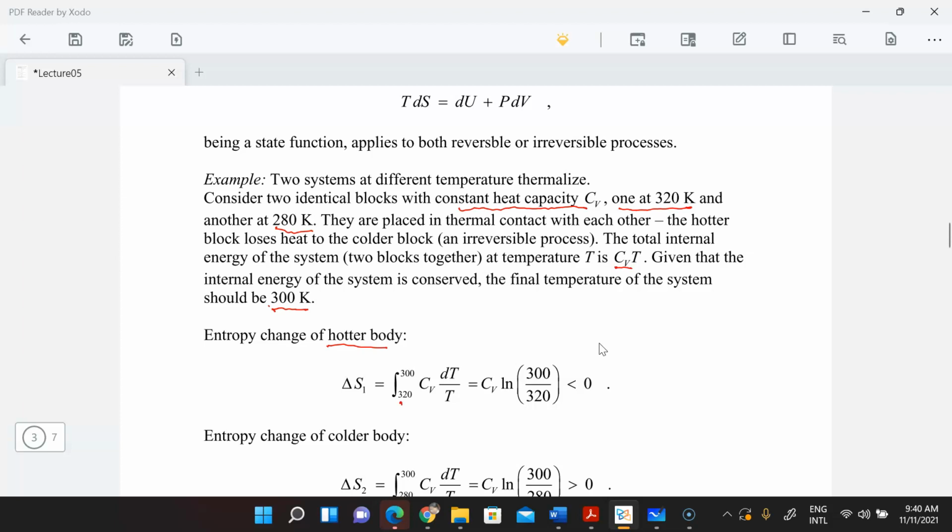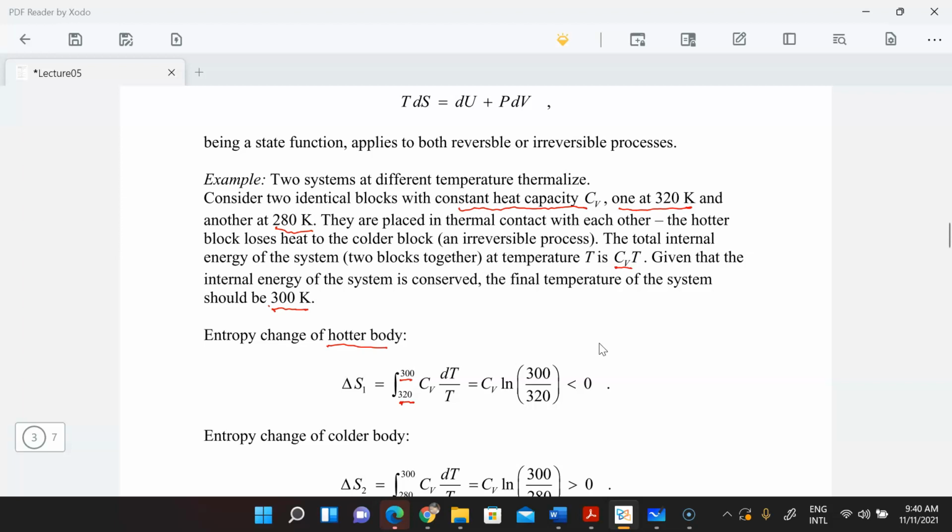Here the limits for the hotter block are 320 K as the initial temperature, and then the final temperature is 300 K. Okay, so one puts that into the limits. Here basically you get a log, and here you have a smaller number above and a bigger number below. That will be a negative quantity when it comes to taking the log.